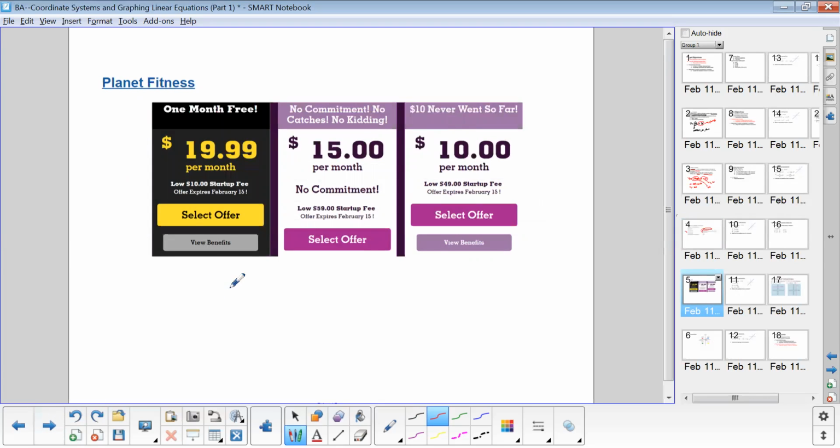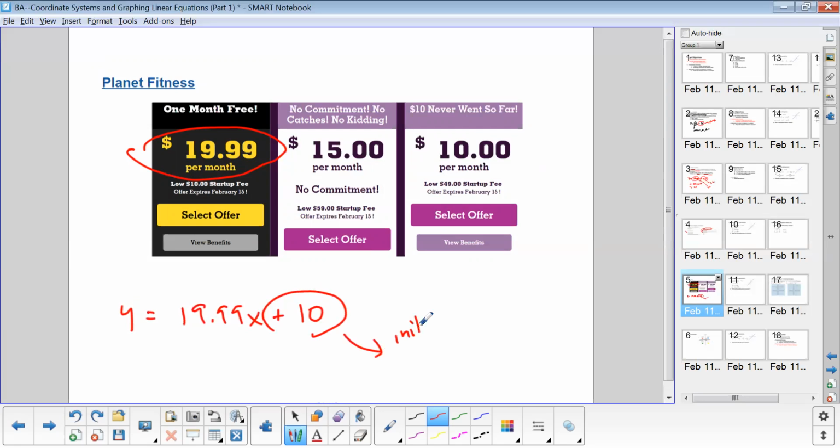For the fitness folks, if you looked at Planet Fitness, that's just one type of gym that's in our area. You can see that they promote $19 per month and as low as a $10 startup fee. So what we would have is $19.99 times X plus $10. So $10 would be your initial fee, and $19.99 is your per month amount.